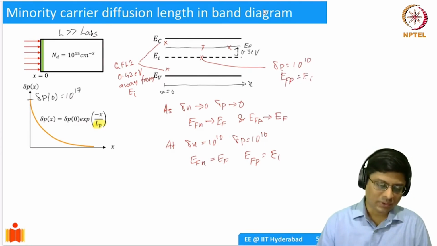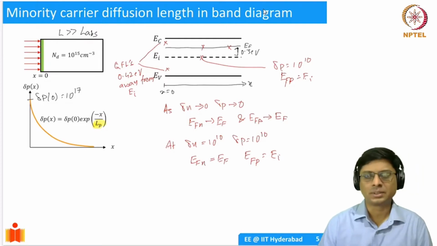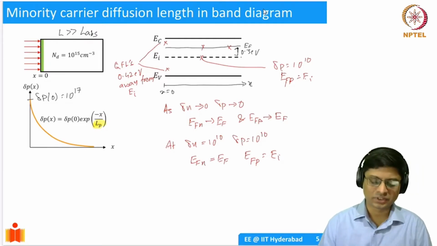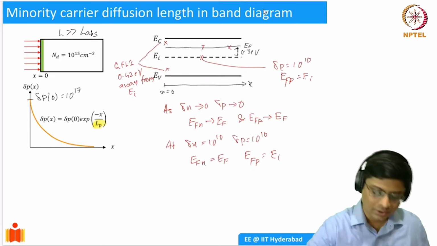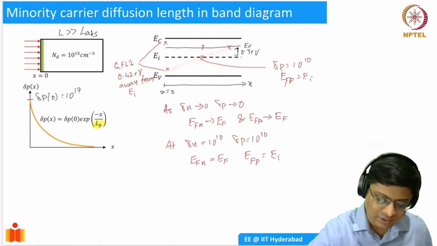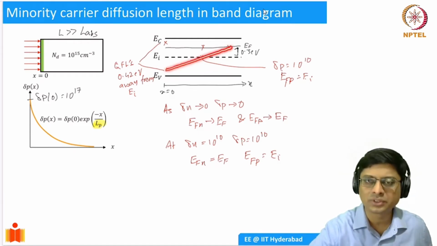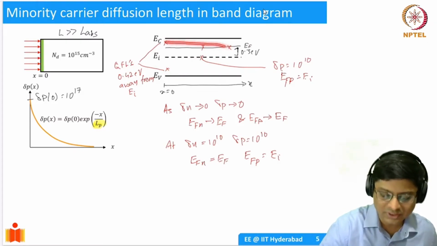So what we are seeing is the same thing. In the previous case, we saw that as it's approaching equilibrium, the quasi Fermi levels should move towards EF. So qualitatively, this is the quasi Fermi level, and as x increases, it should move towards EF. Similarly, the electron quasi Fermi level also should come towards the same point.